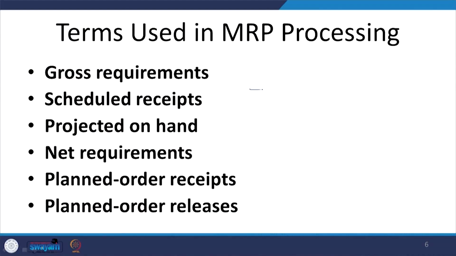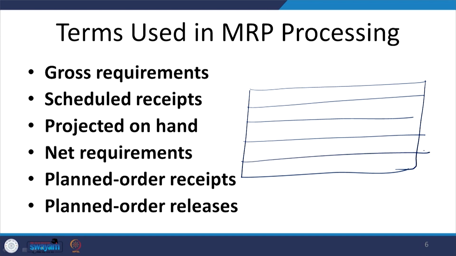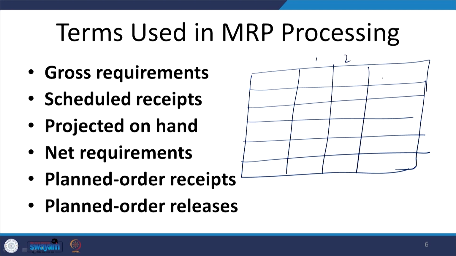So, once we have understood this particular diagram, and based on the figure, you can now understand that we have this kind of tabular arrangement, and in this tabular arrangement we have different types of things which are required. So, these are the periods 1, 2, 3, 4, etc. The first row has the gross requirement, how much is required.